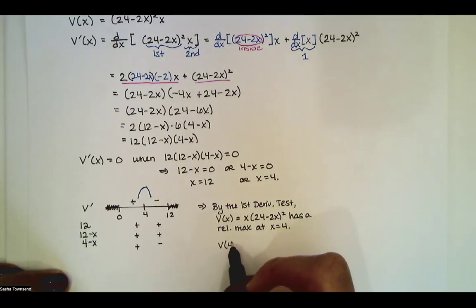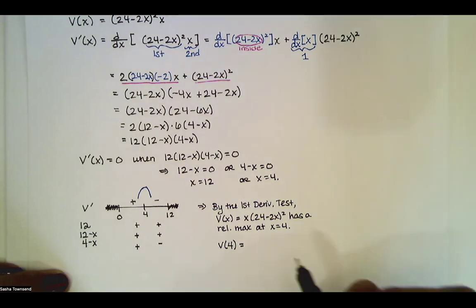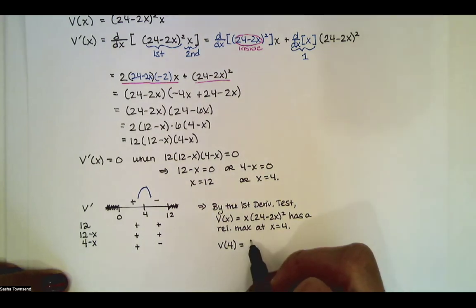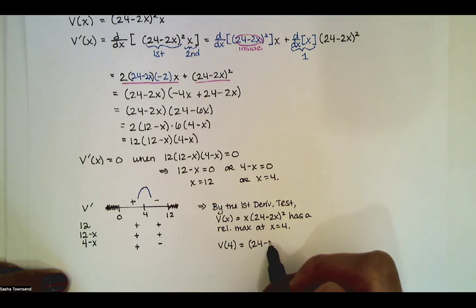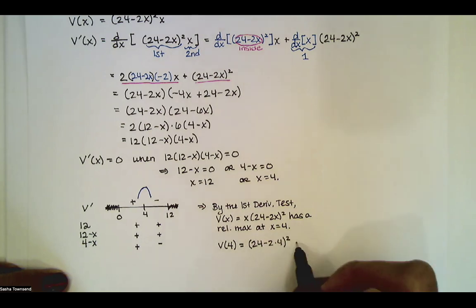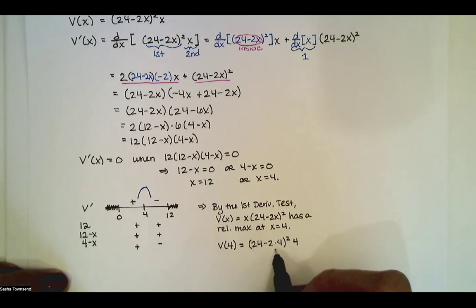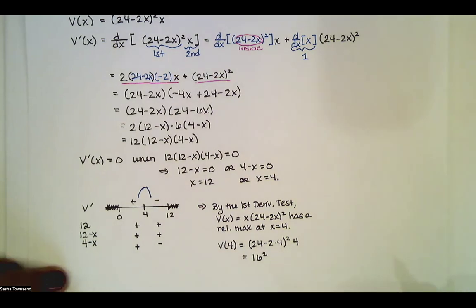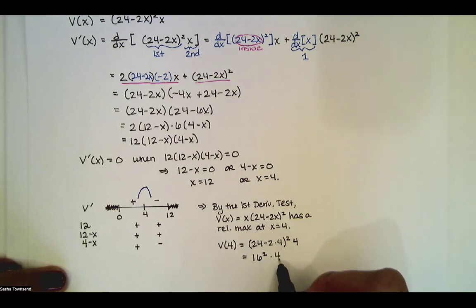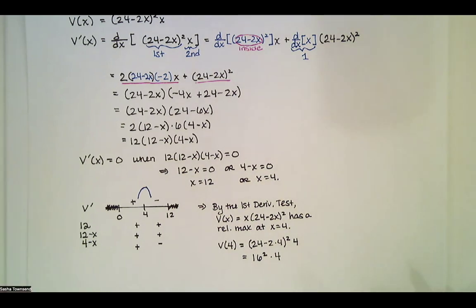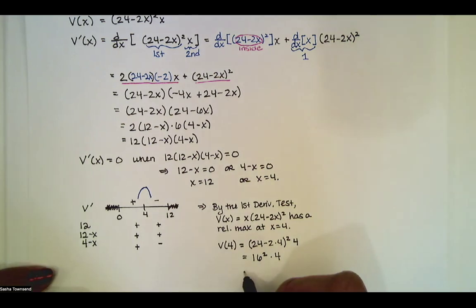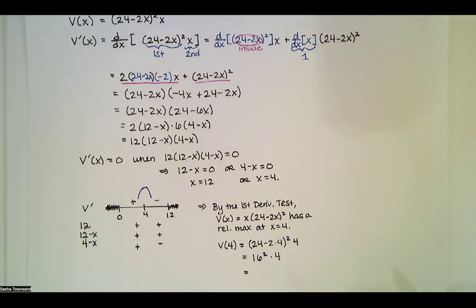And that maximum value is V of 4. So we'll have 24 minus 2 times 4, quantity squared, times 4. 24 minus 8 is 16. So we have 16 times 4, or 16 squared times 4. I don't actually know what that is, but that's going to be the maximum volume.